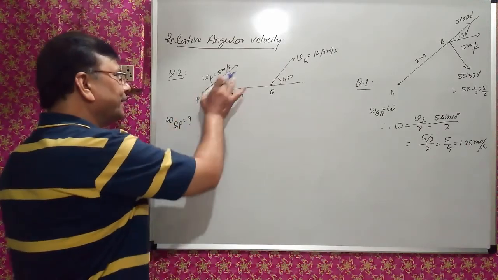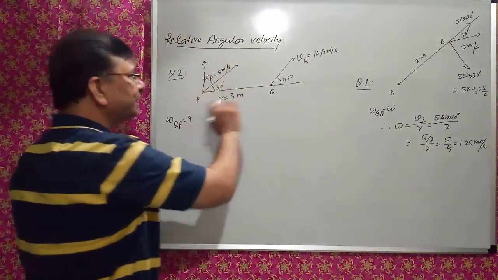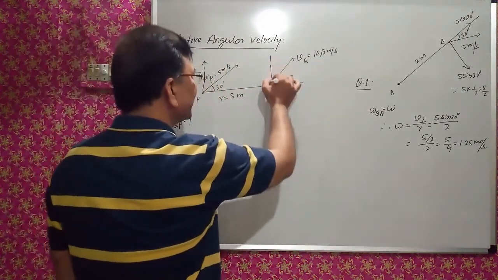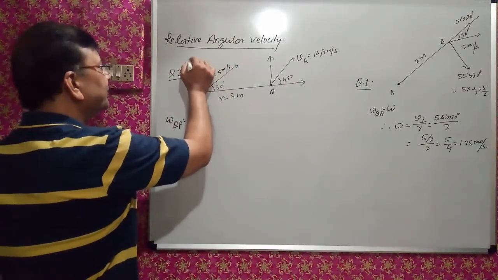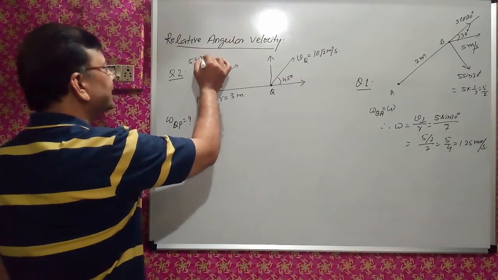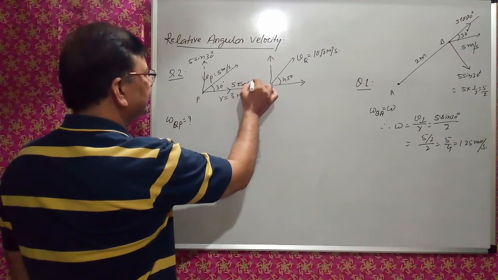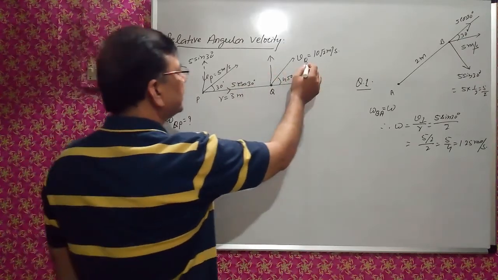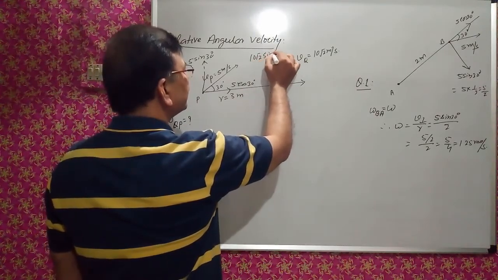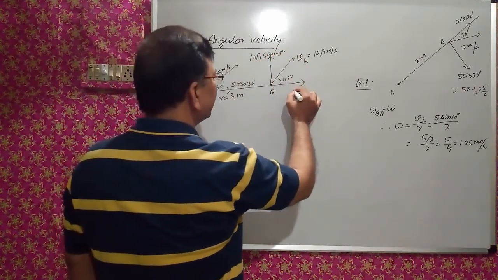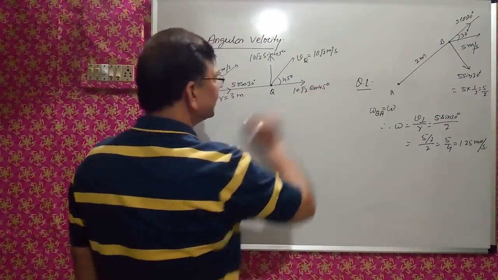So two ways are there. We can resolve this in this direction as well as this direction. Similarly, this can be resolved in two directions. If you resolve this, that will be 5 sine 30 degree in this direction and 5 cos 30 degree in this direction. Likewise, here 10 under root 2 sine 45 degree in this direction and 10 under root 2 cos 45 degree in this direction.